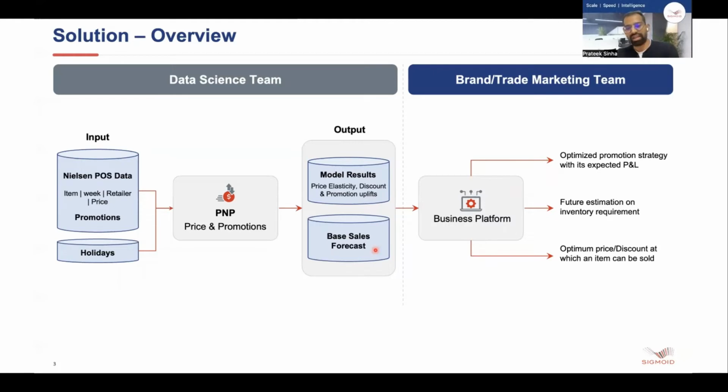And if we know that, then we can simulate different promotion strategies. We can add the effect of different promotions and see how it will affect the sales. So in this way, the brand and trade marketing teams were using this data to take decisions like optimized promotion strategy, future estimation on inventory requirement, and optimum price or discount at which an item can be sold.